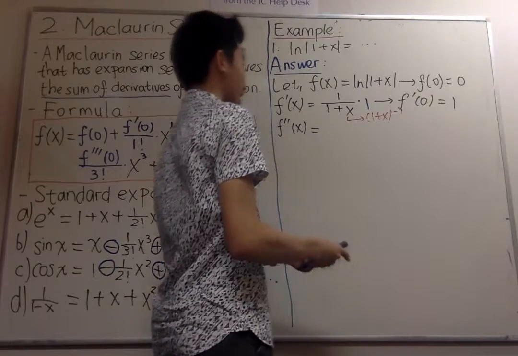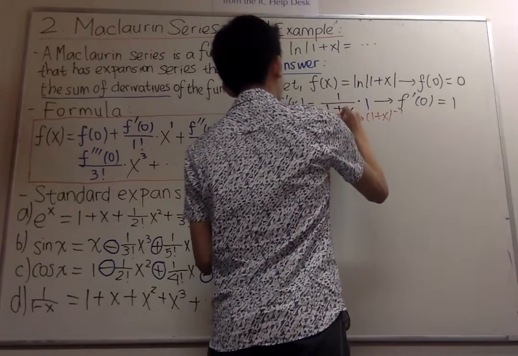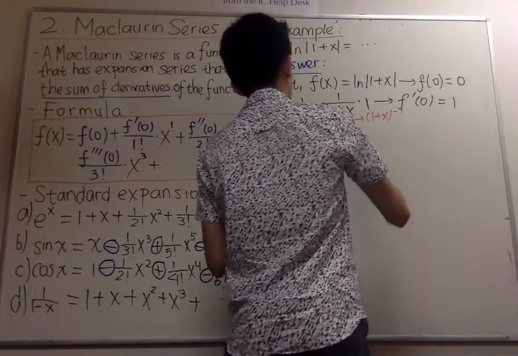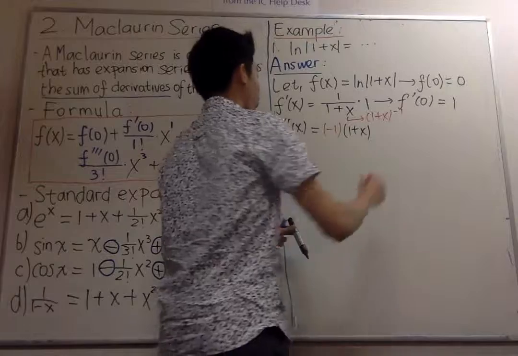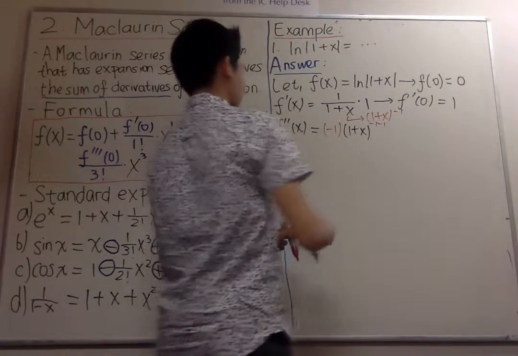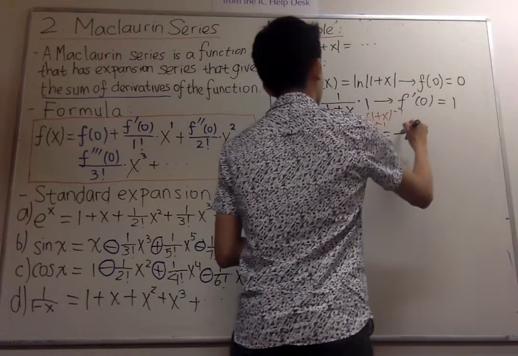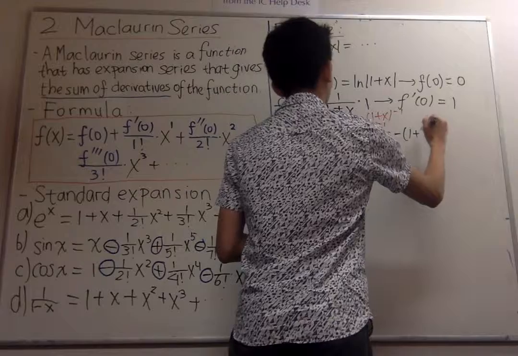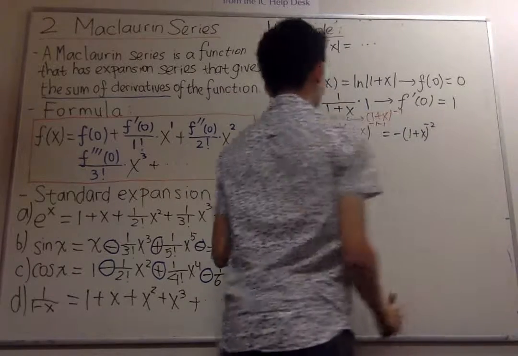When we differentiate, we have negative 1 times 1 plus x to the power of negative 1 minus 1, which is negative 1 over 1 plus x to the power of negative 2.